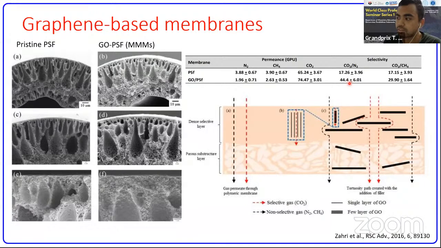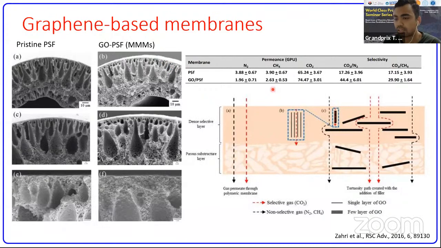The same case also happened to carbon dioxide and methane mixtures. When we incorporate graphene oxide, the selectivity is also increased, around 2 times higher than in the pristine polysulfone.